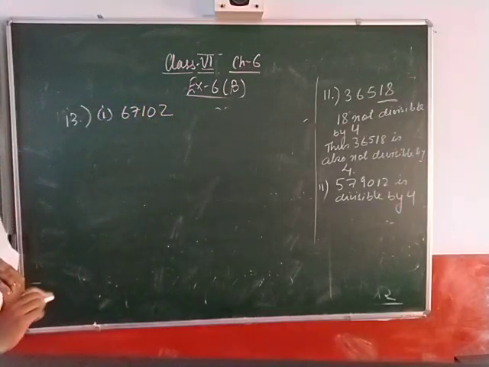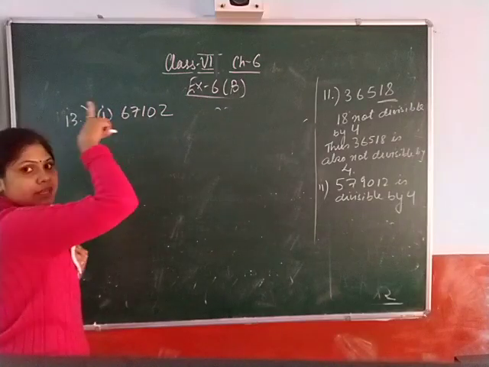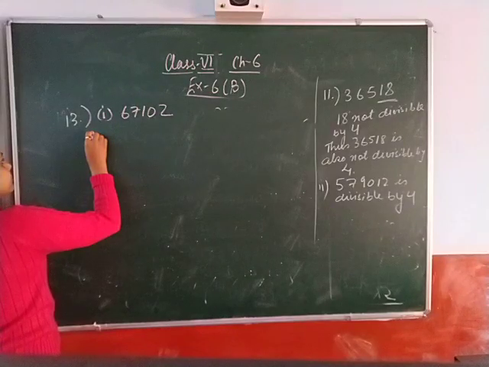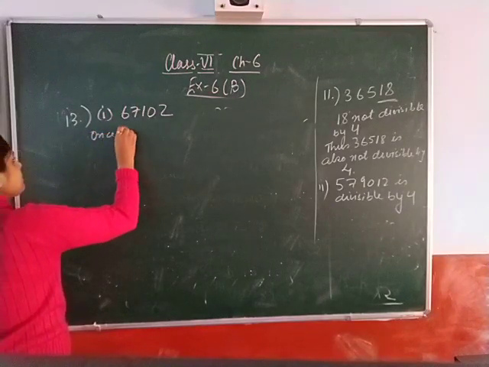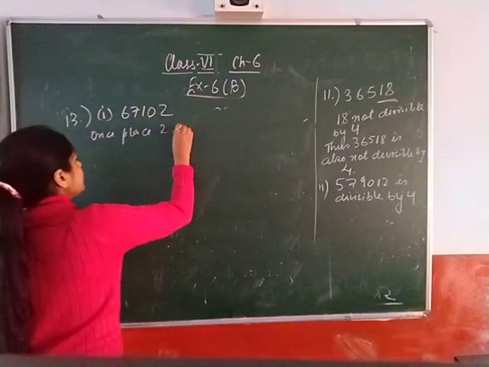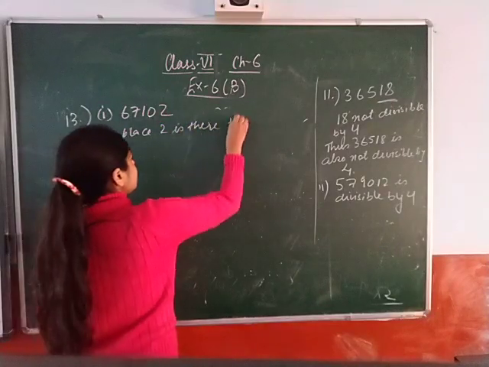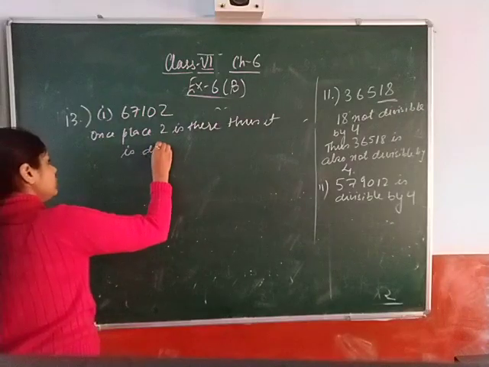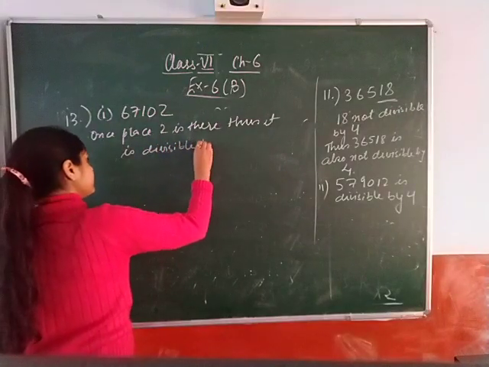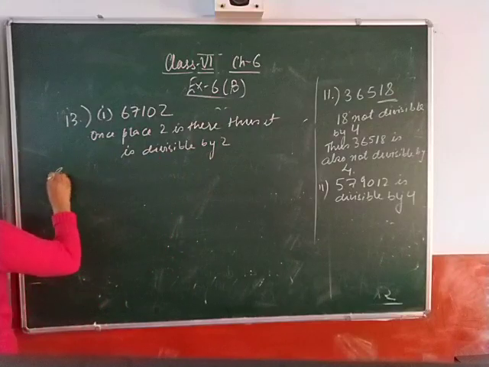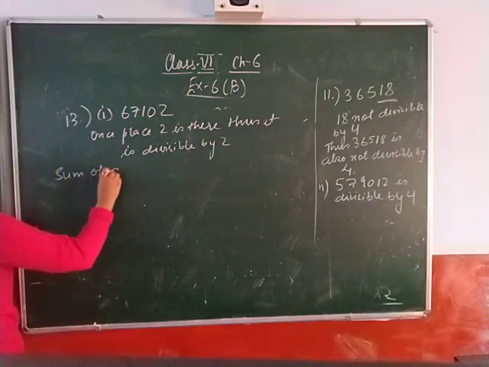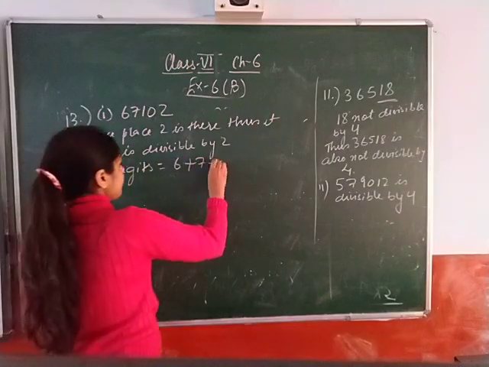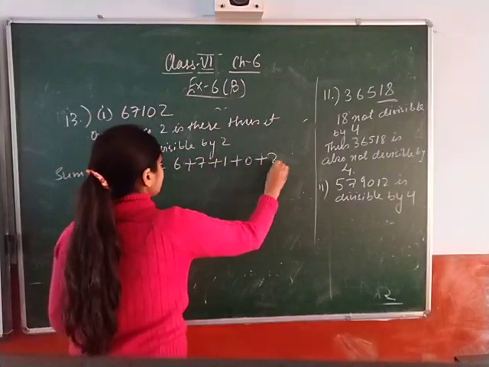To check divisibility by 6, it should be divisible by 2 as well as 3. So, at the 1's place, 2 is there, thus it is divisible by 2. And the sum of digits will be 6 plus 7 plus 1 plus 0 plus 2.